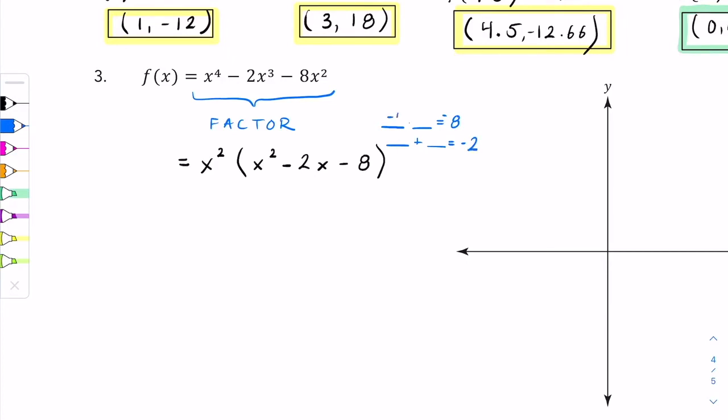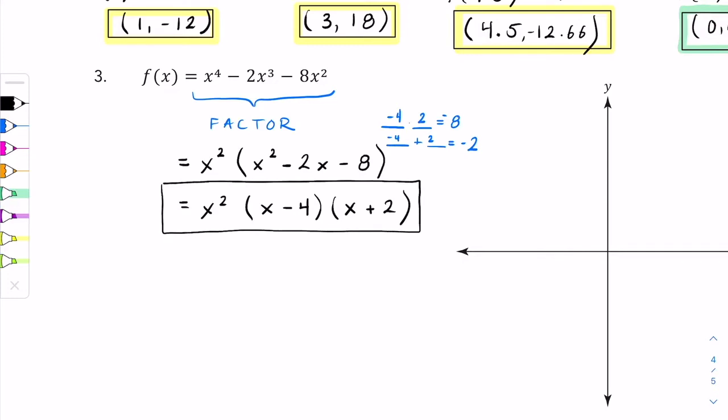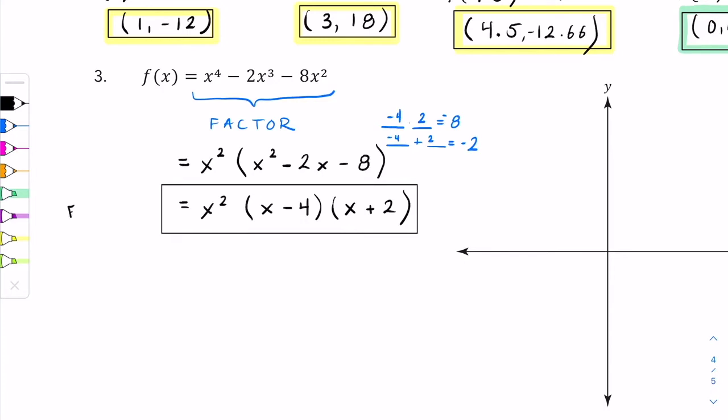That would be negative 4, positive 2. x squared times x minus 4 times x plus 2. Okay, this here is our factored expression. And this one up here would be in standard form, just to review the different formats.